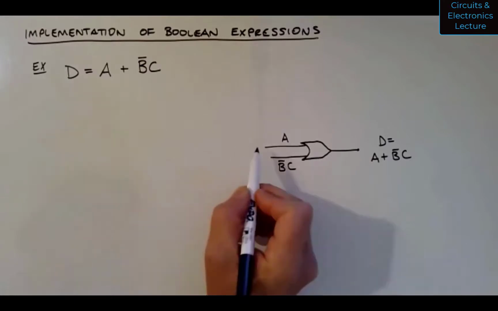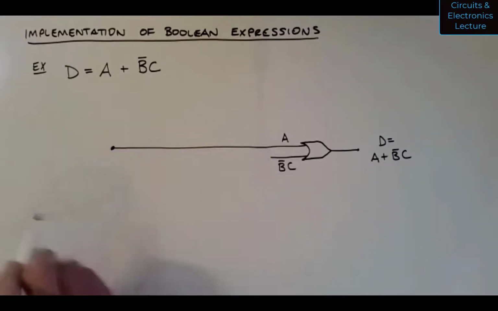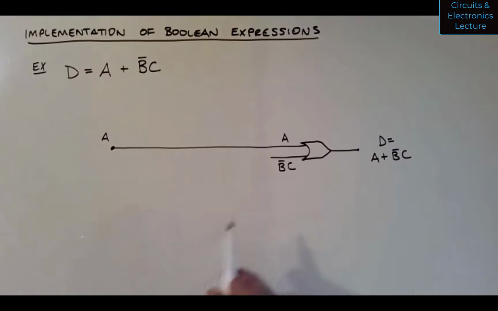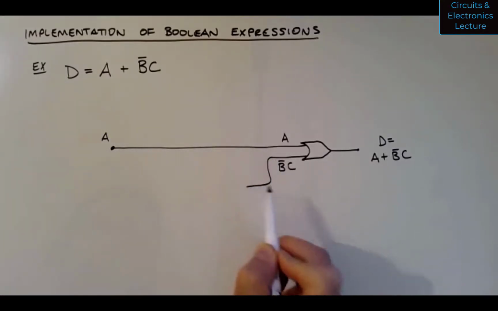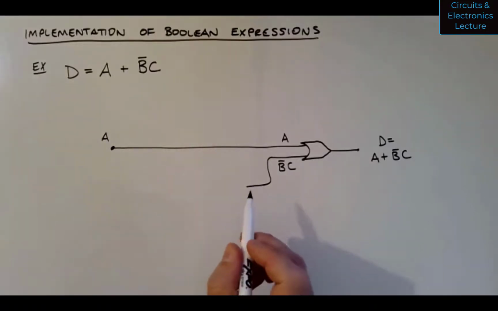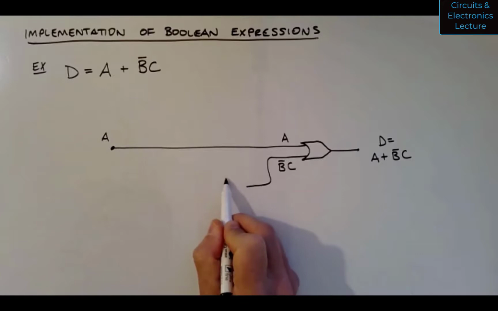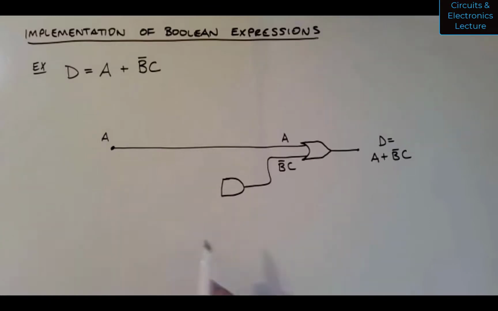So I have A. Let me draw a big wire here, and I end at A. That's an input, 5 volts or 0 volts if it's 5-volt logic. Now I have to create this combination of B inverse ANDed with C. So I'm going to use an AND gate. So this is my AND gate.